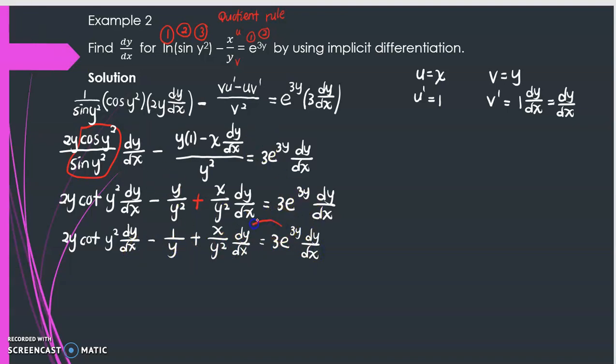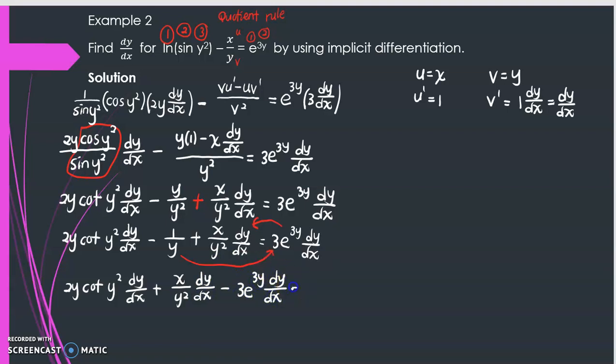Since I need the dy/dx together, it means that I will move this one to the left hand side, 1 over y to the right hand side. So next step, 2y cotangent y² dy/dx plus x over y² dy/dx minus 3 e^(3y) dy/dx will be equal to positive 1 over y.